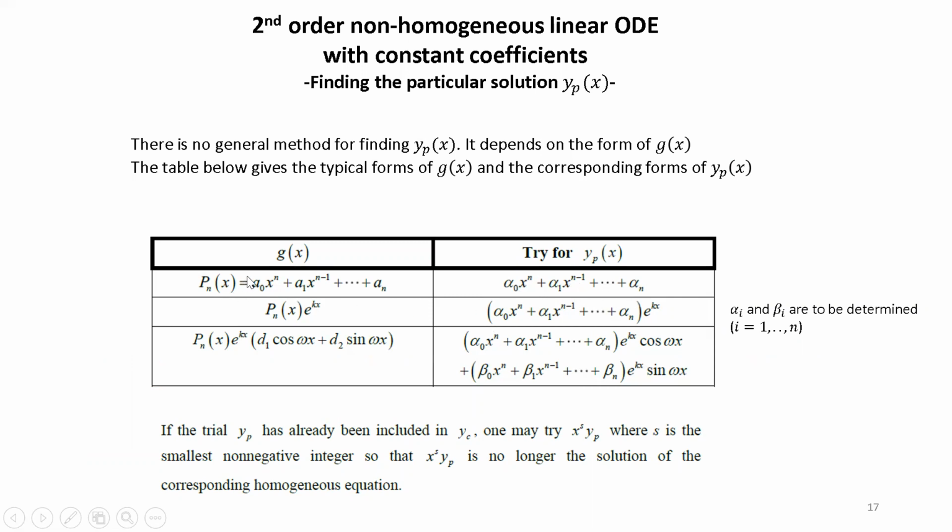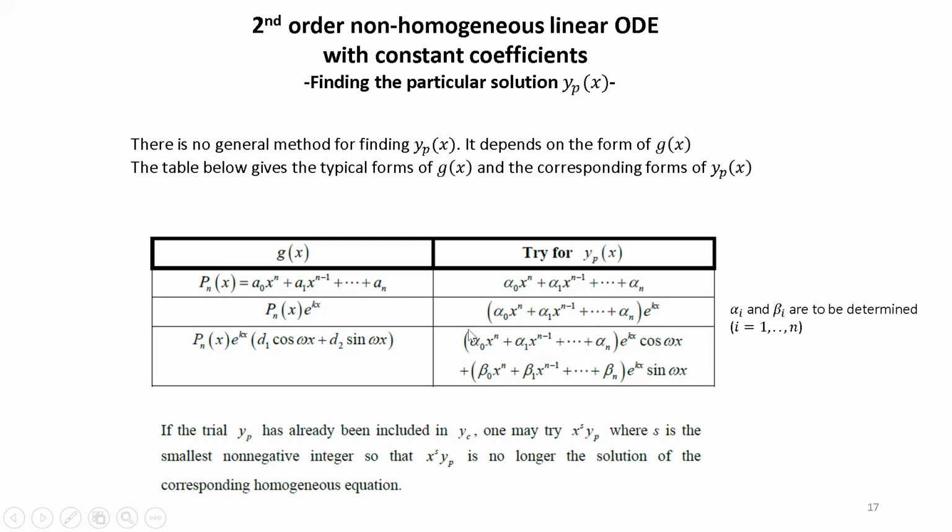In general, if g(x) is an nth order polynomial, then the y_p(x) that you are going to try is also an nth order polynomial, but your job is to find all the constant coefficients of the polynomial itself. If it is a polynomial times an exponential function, then what you try is also a polynomial times an exponential function.